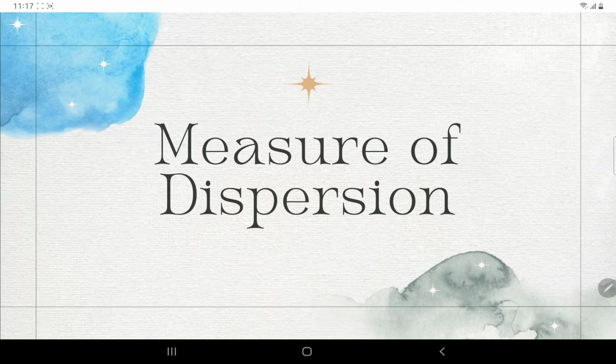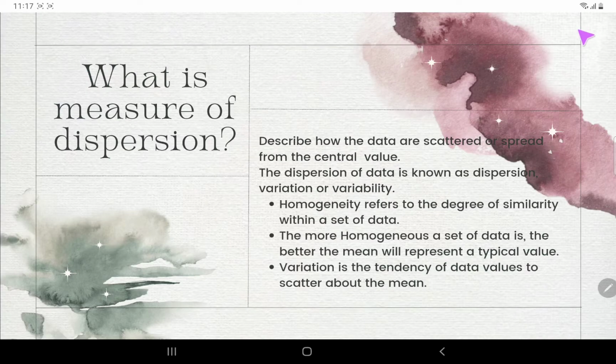Okay, we look at this subtopic first about the measurement of dispersion. In the previous week, we have learned about the mean, median and mode, which are examples of measures of central tendency of a distribution.